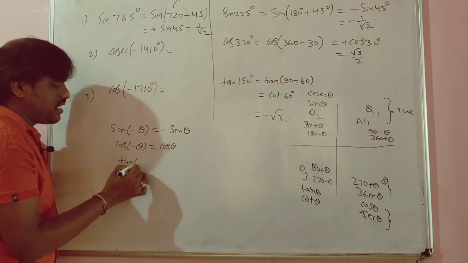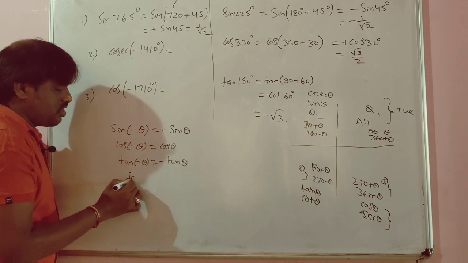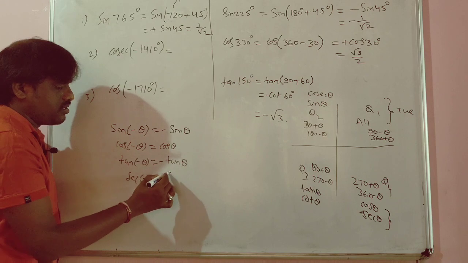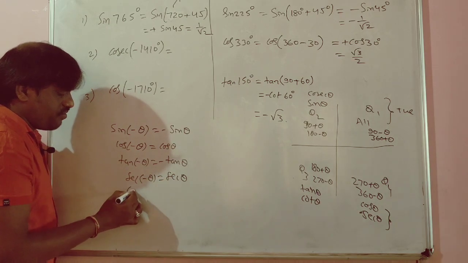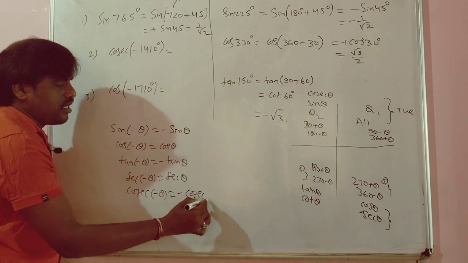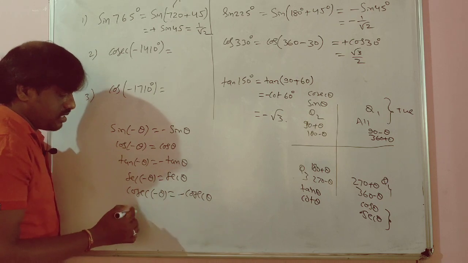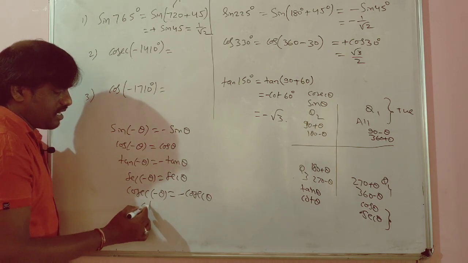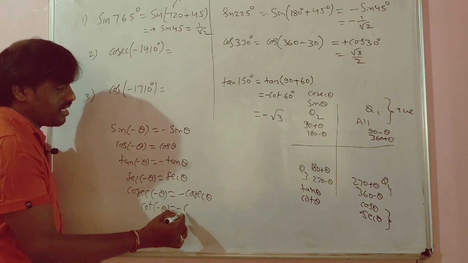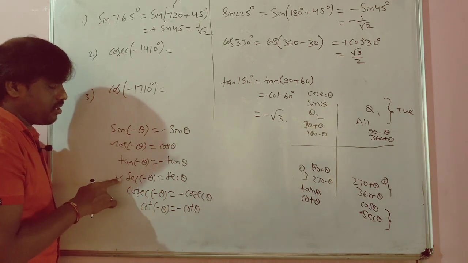Tan of minus theta is equal to minus tan theta. Sec of minus theta is equal to sec theta. Cosec of minus theta is equal to minus cosec theta. And cot of minus theta is equal to minus cot theta.